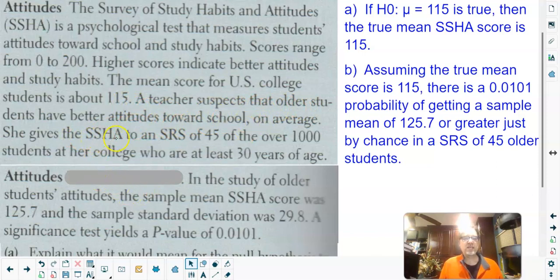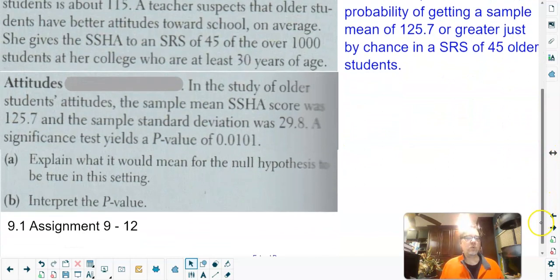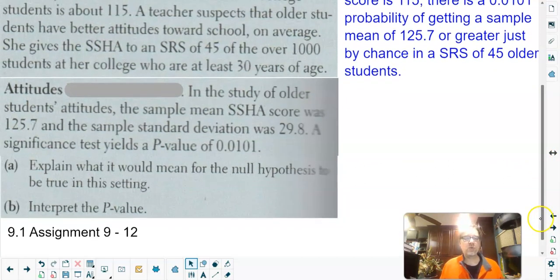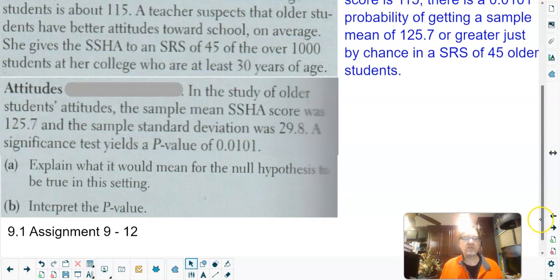She gives the SSHA to a simple random sample of 45 of the over 1,000 students at her college who are at least 30 years of age. In the study of older students' attitudes, the sample mean SSHA score was 125.7, and the sample standard deviation was 29.8. A significance test yields a p-value of 0.0101.